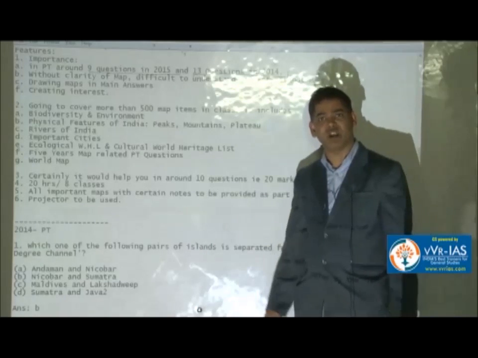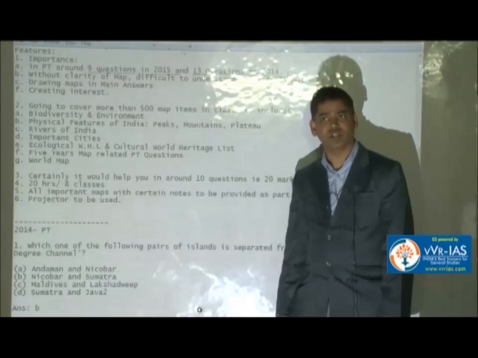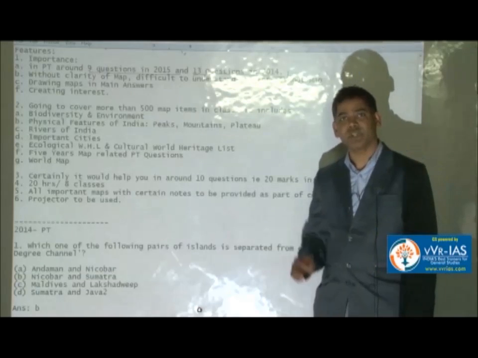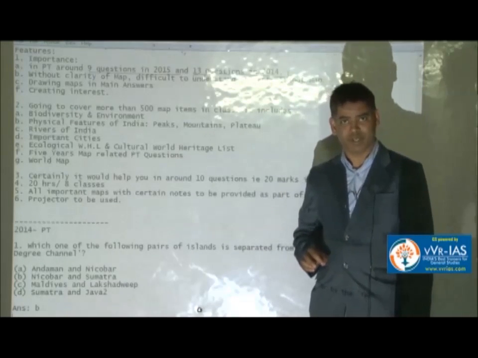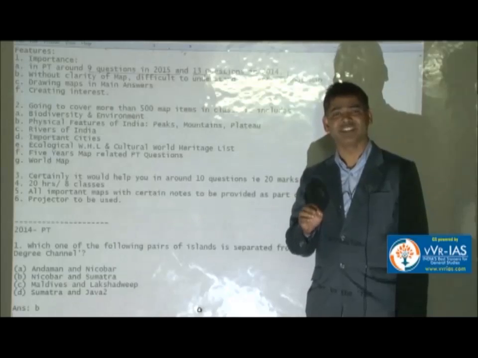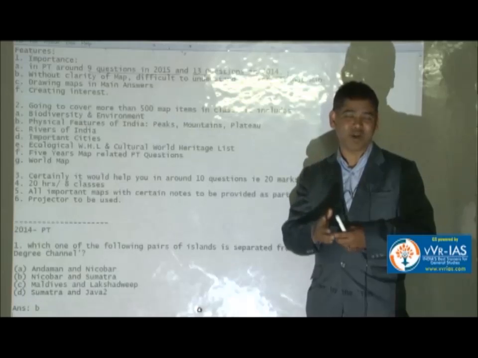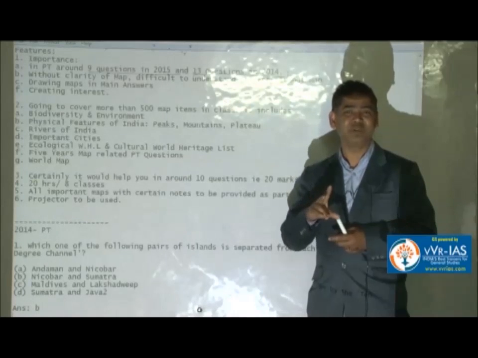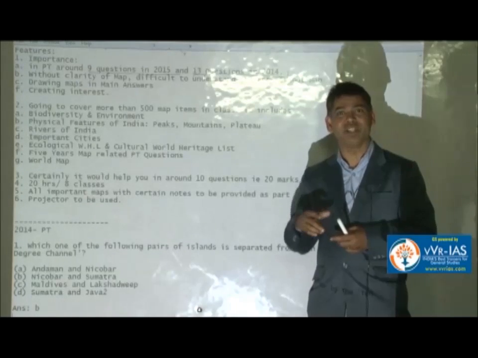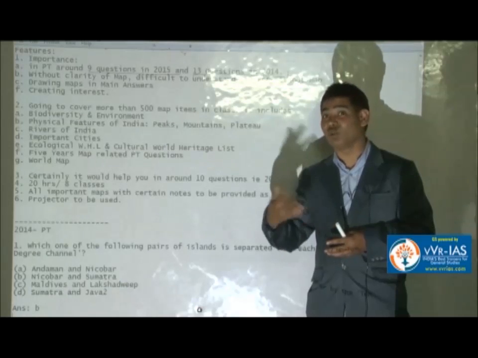How can it provide the advantage? That is the basic question. You know that when you draw a map in the main examination, there are 2 pages in the main examination, the first page and the second page. If you draw the map, you are going to save the writing of words.